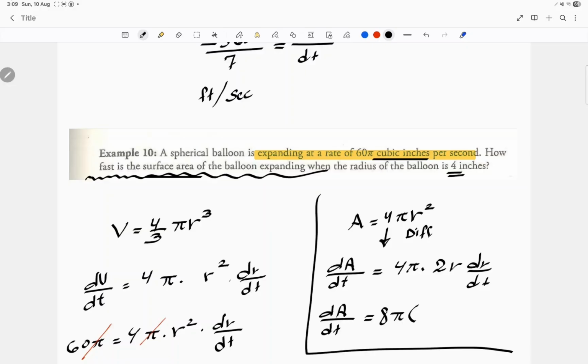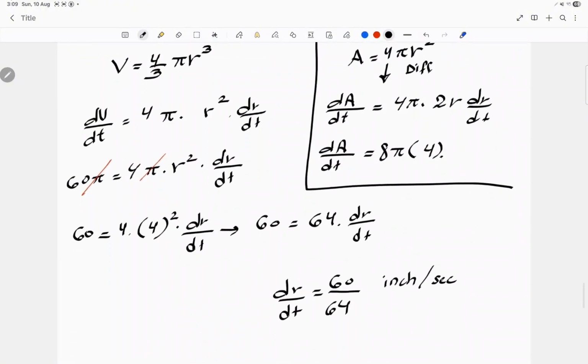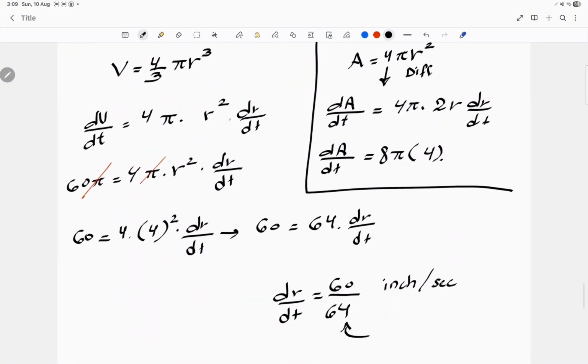We already know what the r is, it's 4. And we just found dr over dt to be 60 over 64. Okay. And now if you do the math with a calculator, you will get 30 pi.